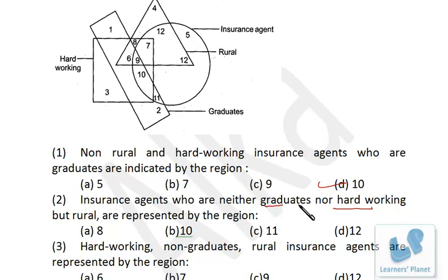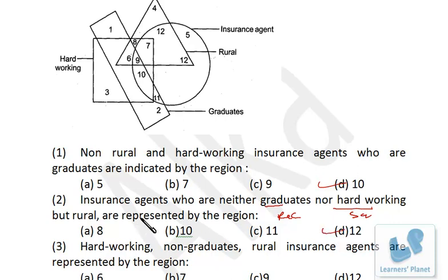Or just to avoid confusion, I'll write it over here. Graduates is rectangle and hardworking is square, right? So the person should not be in the rectangle and square, but they should be in circle and triangle. Okay, circle and triangle we have number 12.